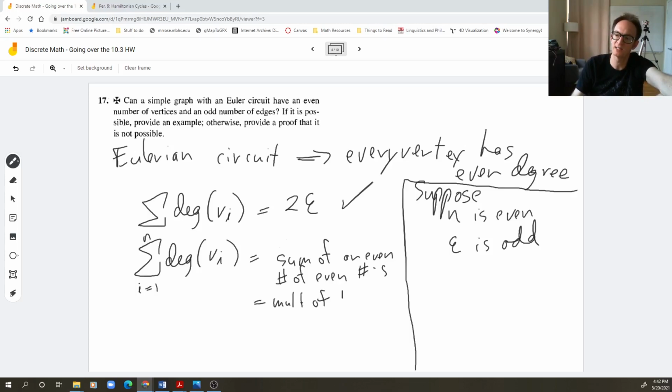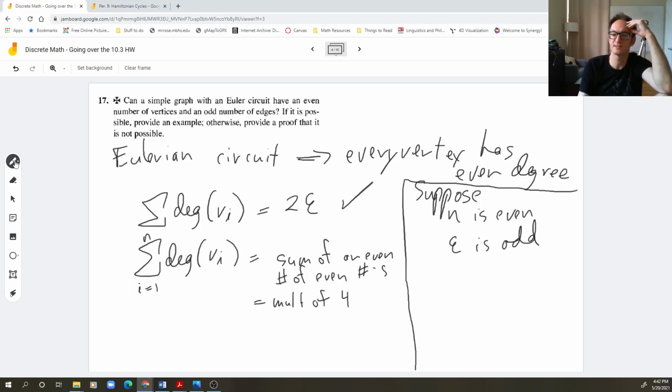I don't think I need to justify that. That's just true, right? If you add up an even number of even numbers, then that's a multiple of 4. But now we have a contradiction, because on the one hand, the sum of the degrees of all the vertices is a multiple of 4.